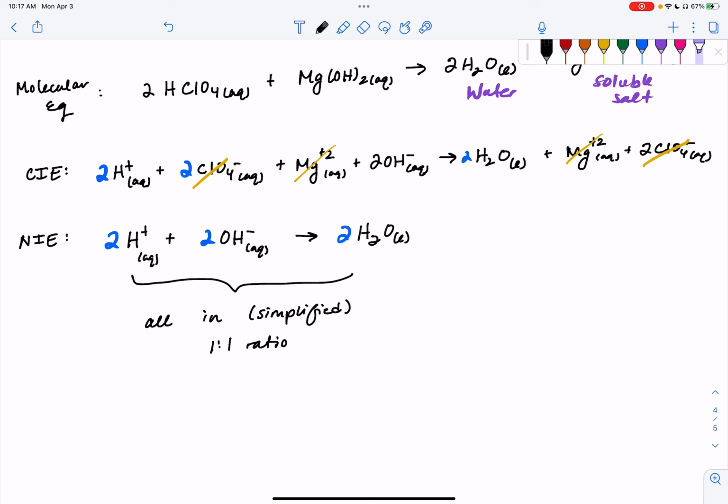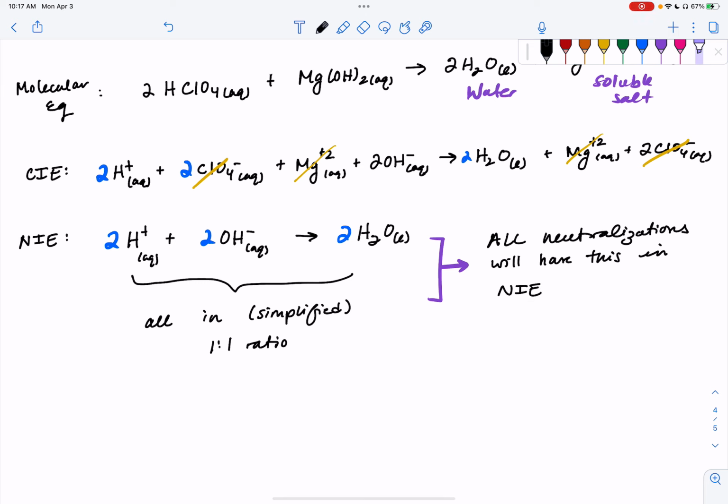And anytime you're looking at a neutralization, all neutralizations will have this in their net ionic equation.